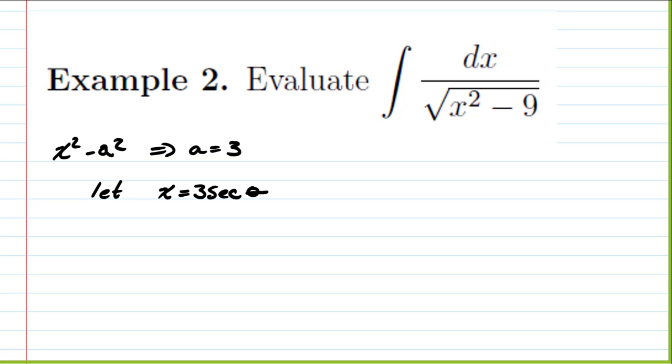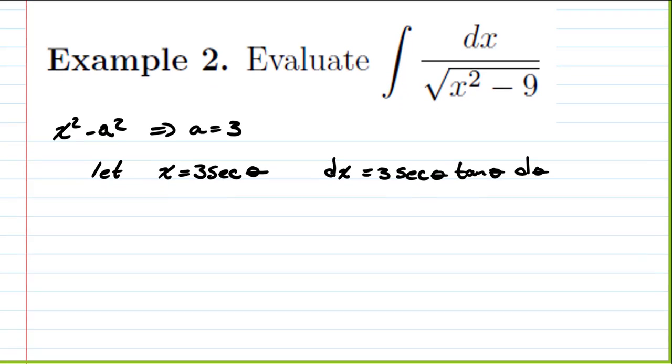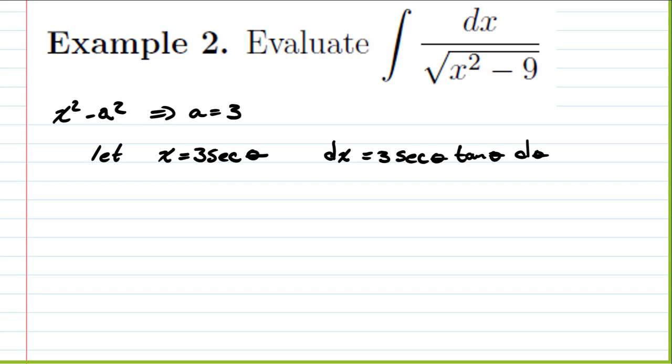Then our derivative is going to give us dx equals 3 secant theta tangent theta d theta. And then we're going to substitute all of this into our integral.